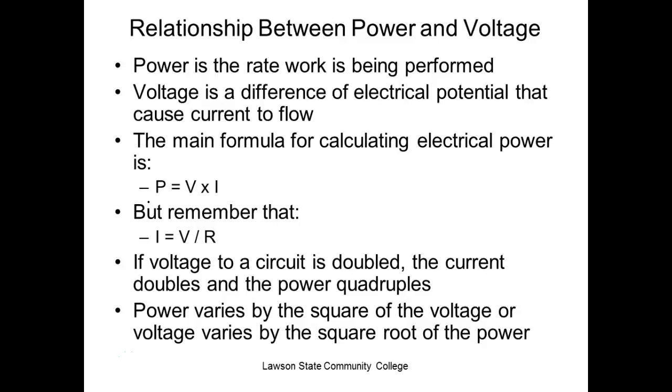P is equal to V times I. But remember also, I is equal to V over R. So if I don't change the resistance of my circuit, and this is what gets people messed up, if I double the voltage to a circuit, what happens to the power delivered to the circuit? So I've got a given circuit, and I double the voltage to that circuit, what happens to the power produced by that circuit? I guarantee it increases. To how much?